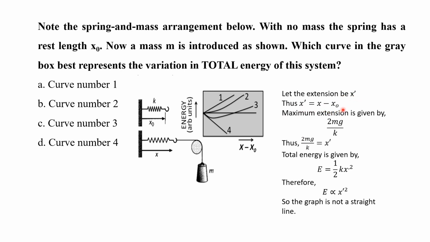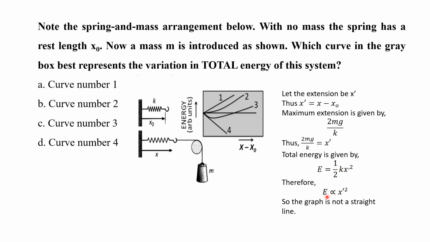Now, if we let the extension be x dash, then x dash is equal to x minus x naught. The maximum extension is given by the formula 2mg by k. So, the maximum extension is equal to x dash. So, 2mg by k is equal to x dash. The total energy is given by half kx square.